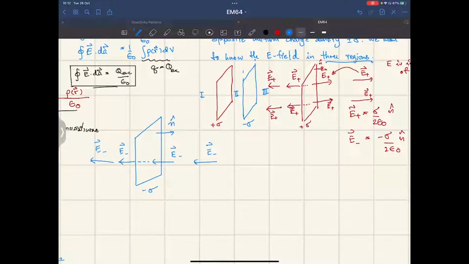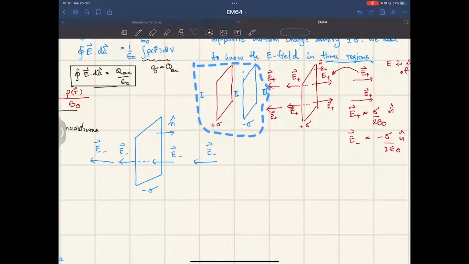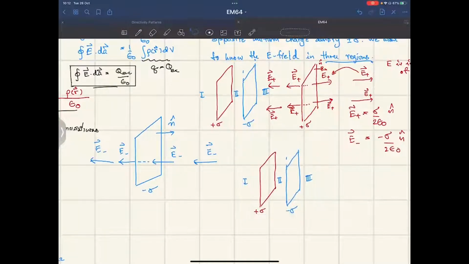Now we put them together. Let me copy this. Now we put them together. What happened?